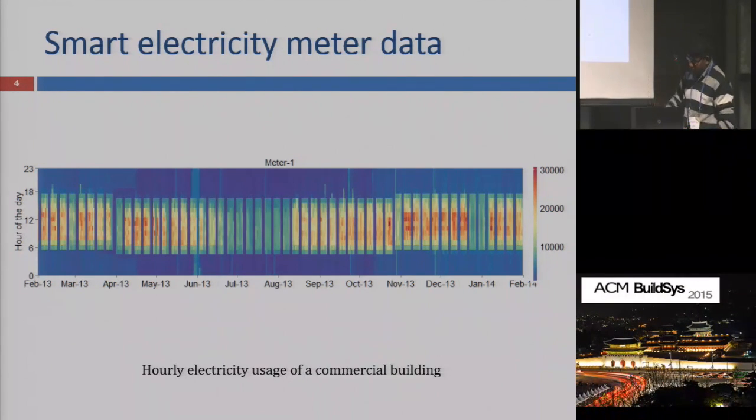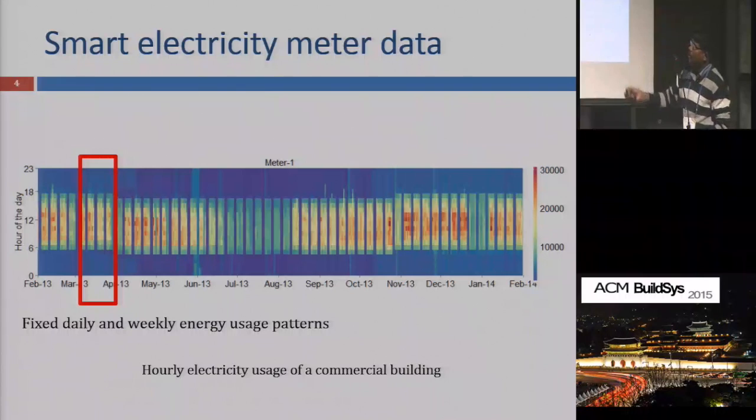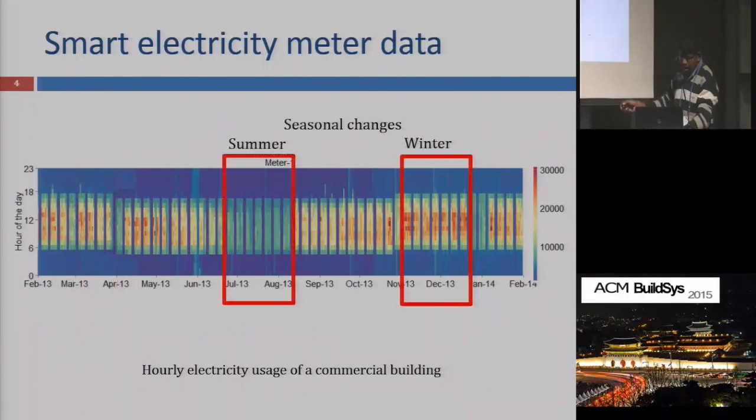As you see, there are a lot of common usage patterns, like fixed daily and weekly energy usage patterns in this building. Mostly it is weekdays and weekends, and there is a fixed schedule from morning to evening. And there are some seasonal changes. I think this is during summer. This is a building in Sweden.